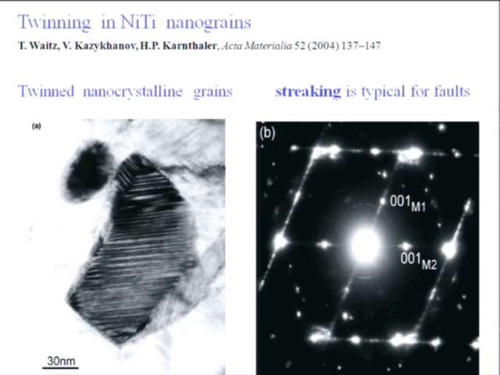We know very well that if you have planar defects in a material, then you observe streaking. That means the diffraction is elongated in directions which are perpendicular to the planar defect.